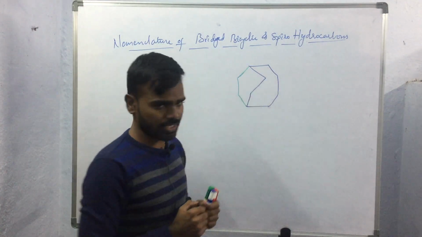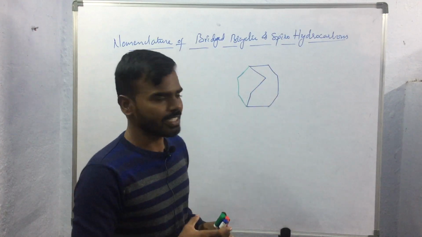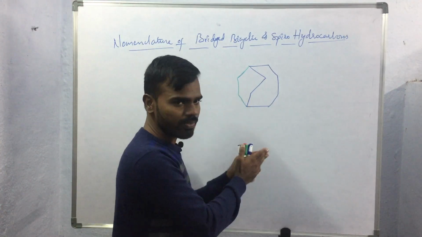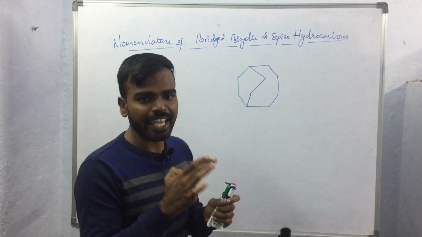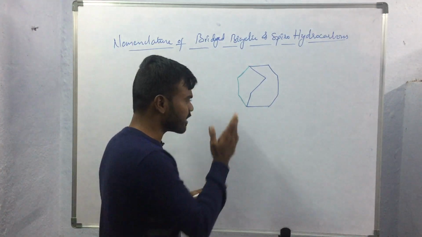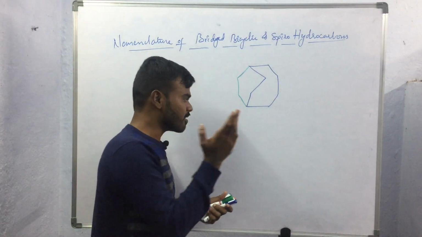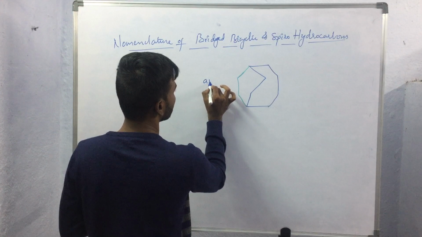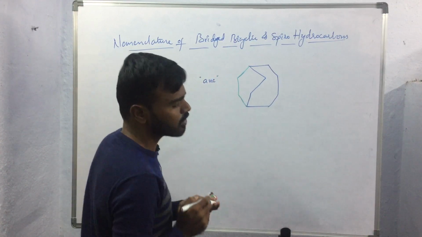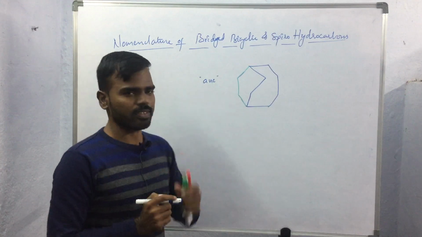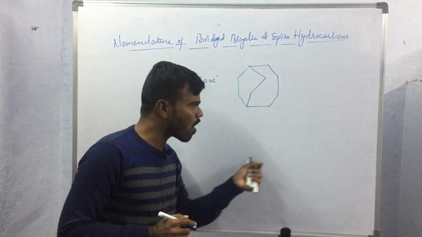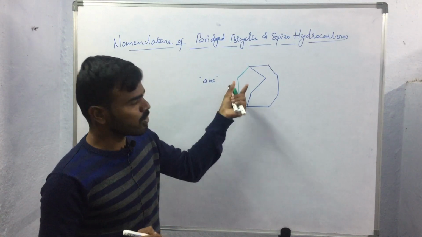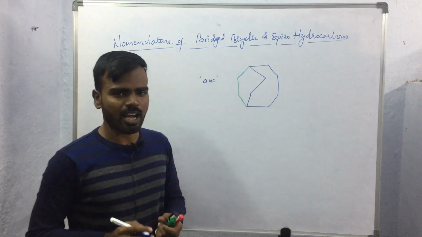So here if we observe this, we can easily say that this is a saturated compound. So for this saturated compound, the identity will be ANE. The saturated hydrocarbons are given the suffix AN. This will represent the functional group or the identity of the compound. After that, we have to count the total number of carbon atoms present in both the cycles, or in the entire compound.